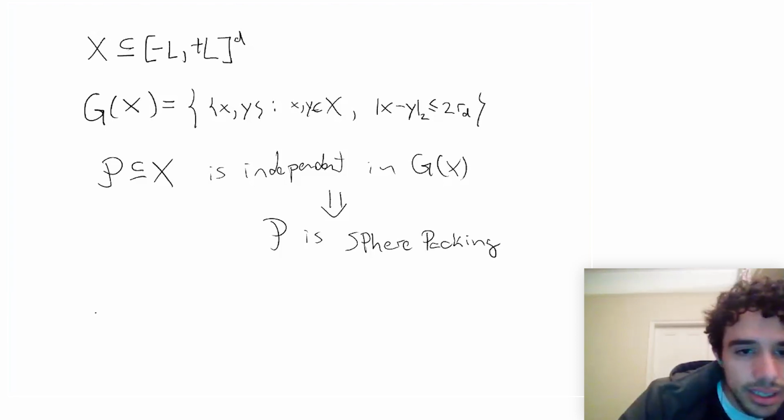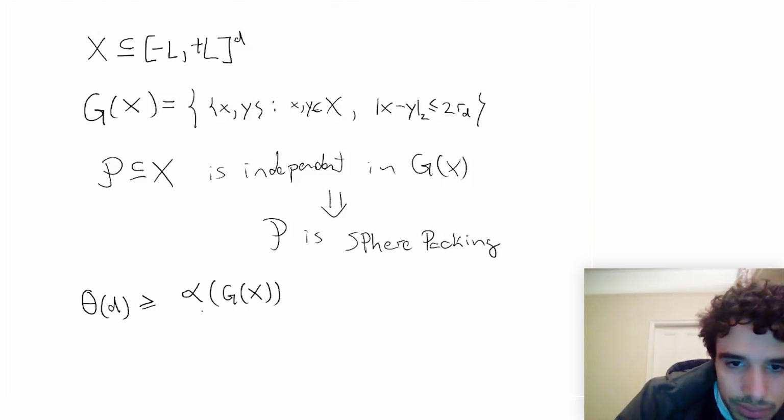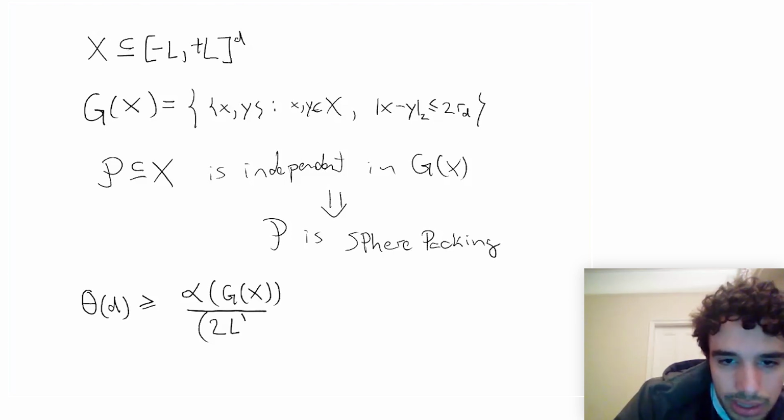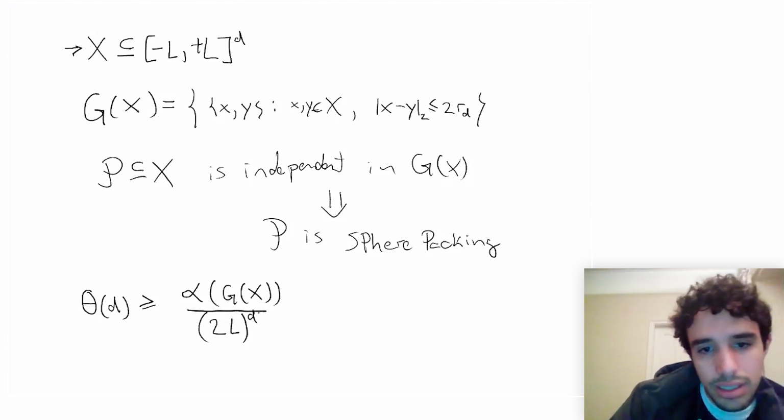Notice that our density quantity will then be bigger than the independence number of this graph G_X over our quantity 2L to the d, as long as, remember, X is contained in the box.